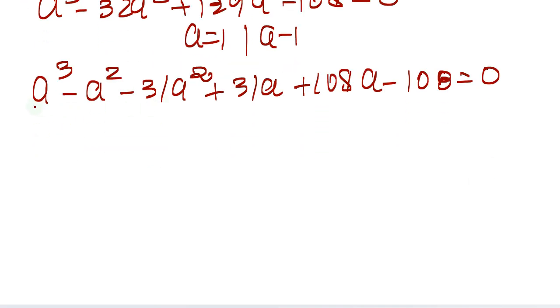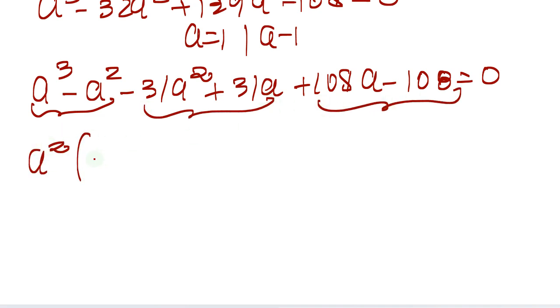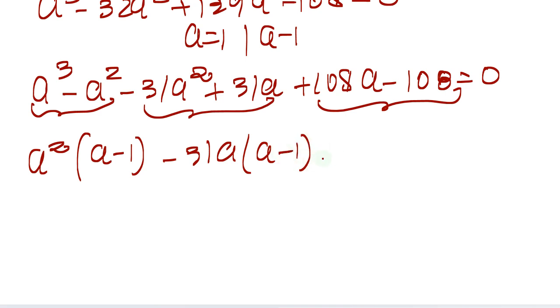So now we can factor: a squared multiplies a minus 1, minus 31a which multiplies a minus 1, and then plus 108 which multiplies a minus 1 equals 0.